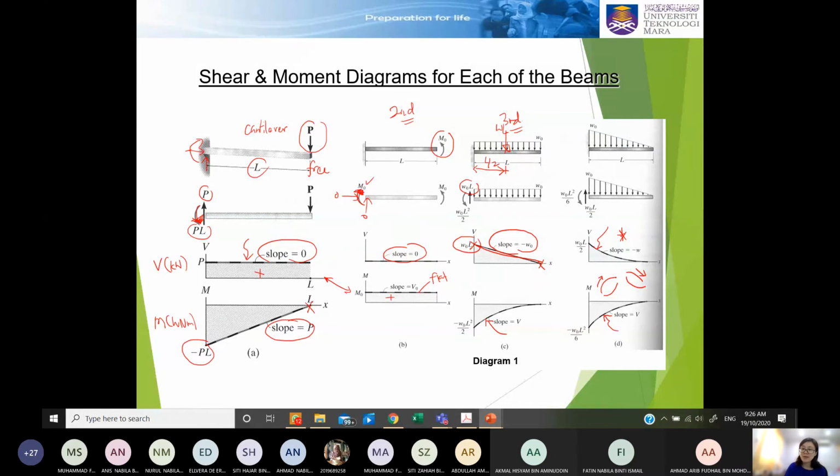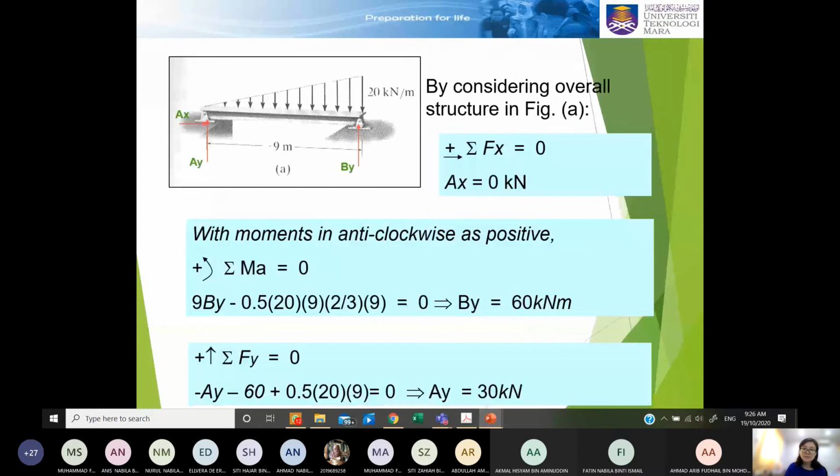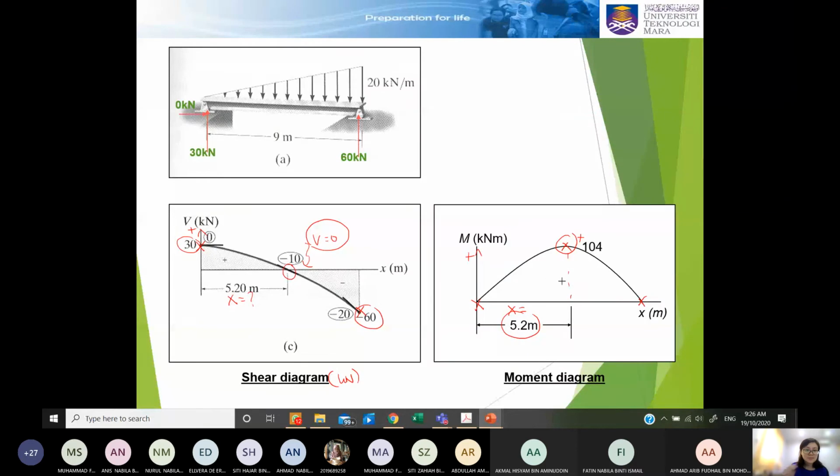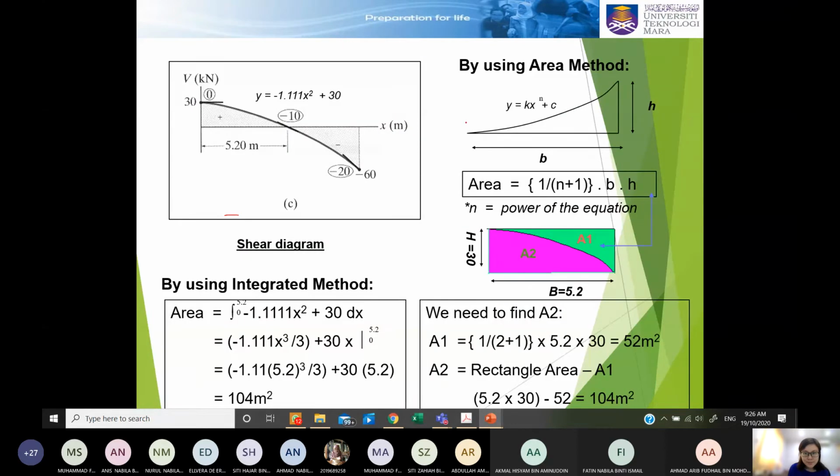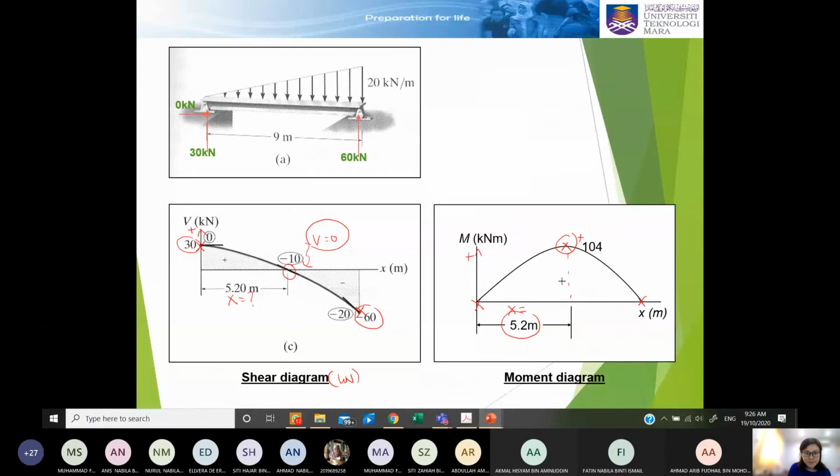So let's have a look back at our example just now. If you look at this, it is a curve like this, and this is due to your loading. When your shear is in this way, it is due to this loading, because this loading is increasing from 0 to 20.